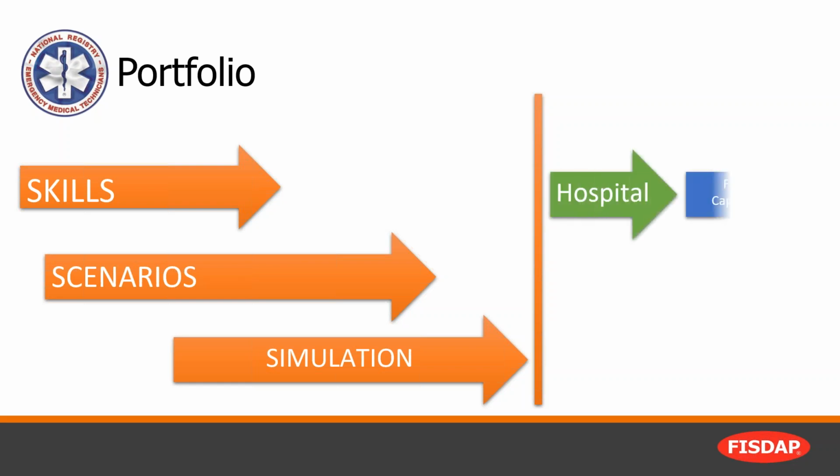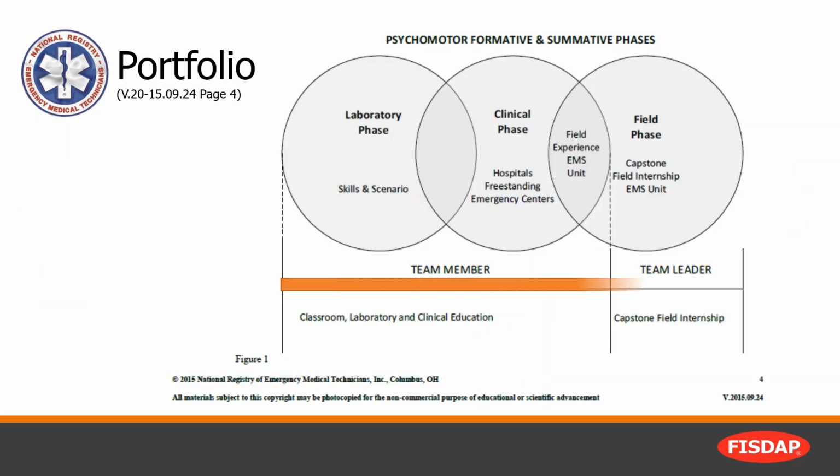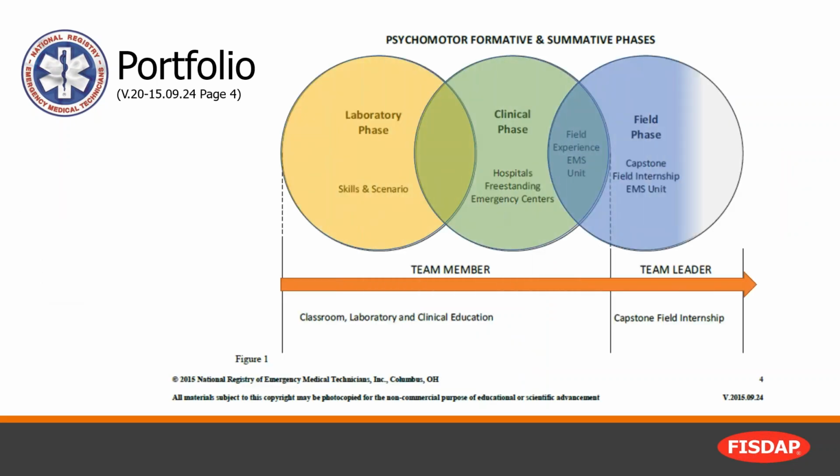These are patients we're tracking. Finally, hospital and field clinicals, or field, the capstone internship, is sort of at the end. And I think this continues to be a very useful figure in the portfolio.